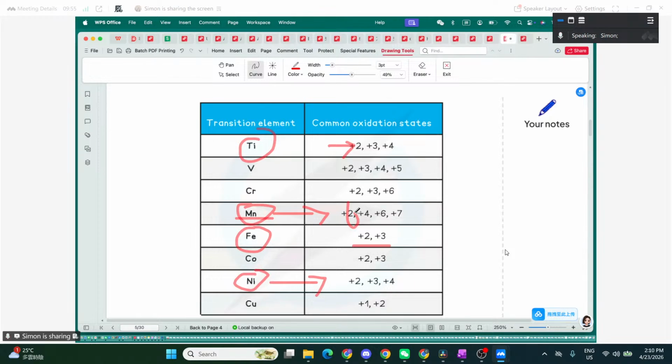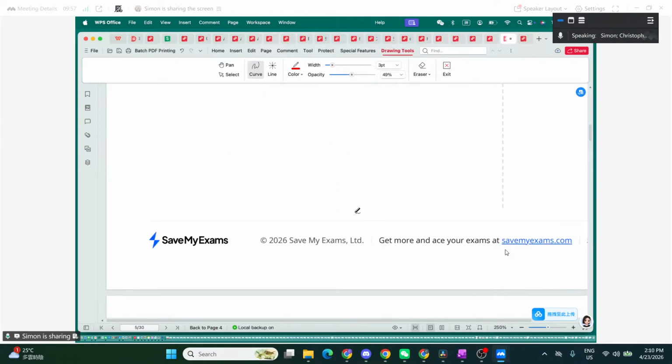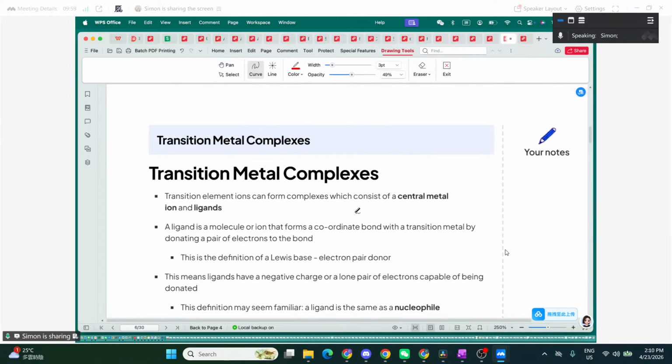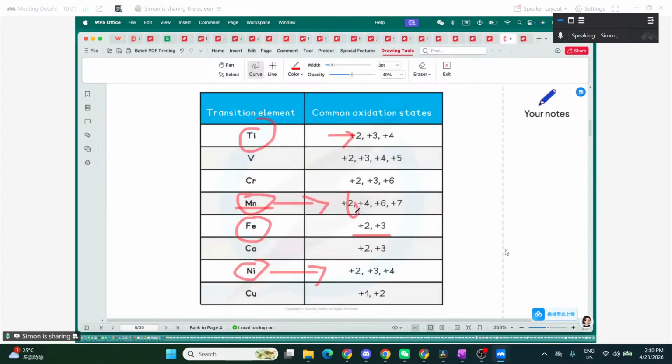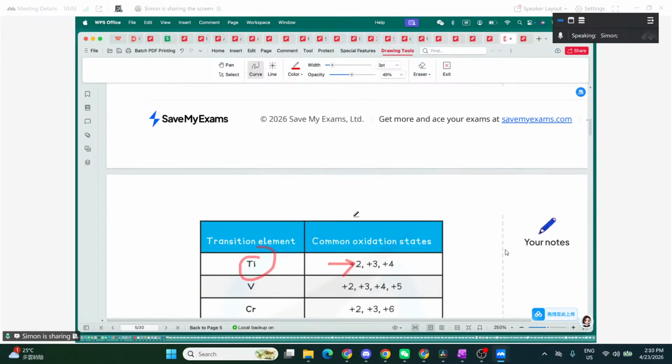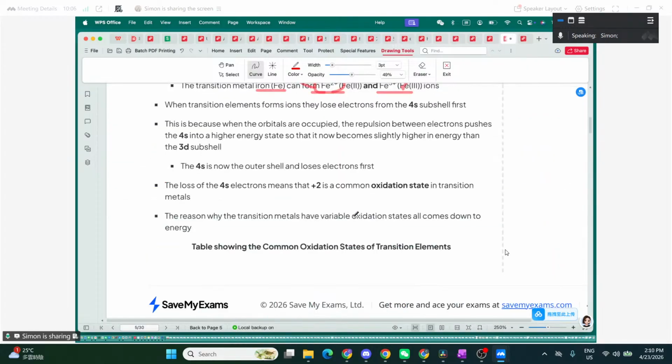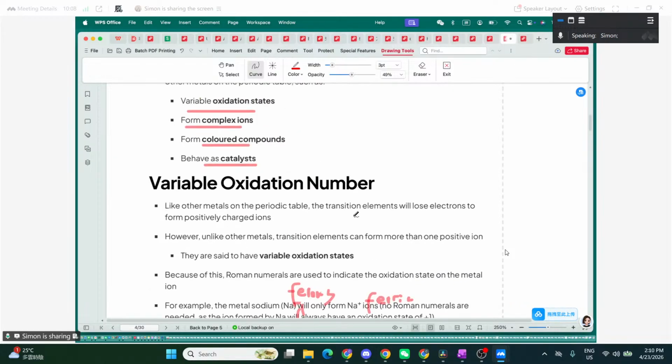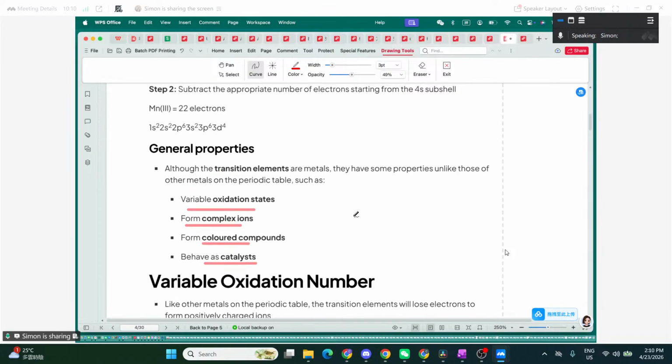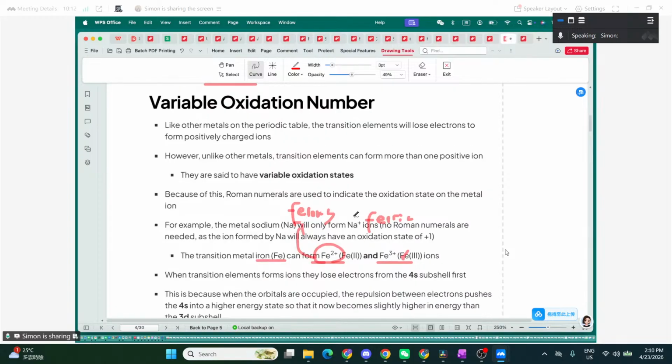After we learned the oxidation state, this is the first property. So now you tell me, what is the first property of the transition metal regarding oxidation number?